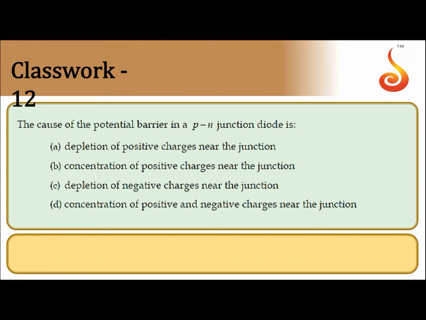See, in case of PN junction diode, the potential barrier is formed due to concentration of both positive charges and negative charges. So positive charges accumulate on the N side of the junction and negative charges accumulate on the P side of the junction. So both put together form junction potential. So it should be option D.